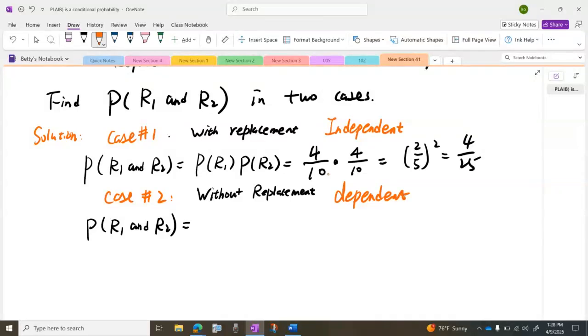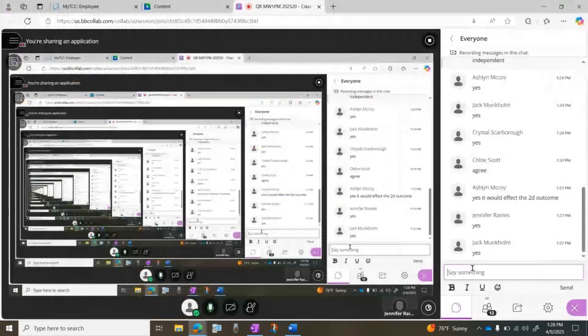So let me write it down. This is very, very important. Without replacement, independent. Did I say something wrong? I'm sorry. Without replacement, dependent. I apologize if I misspoke.